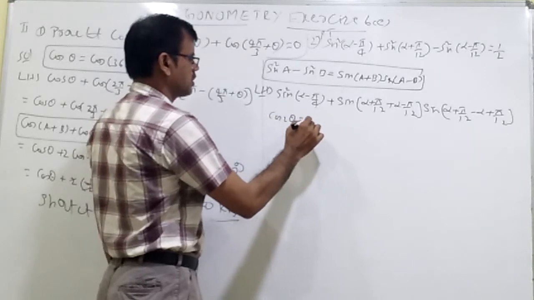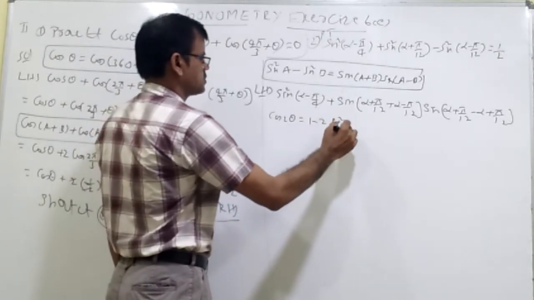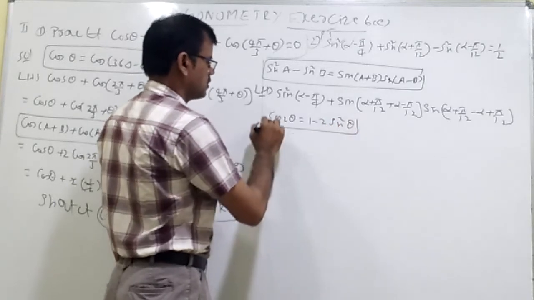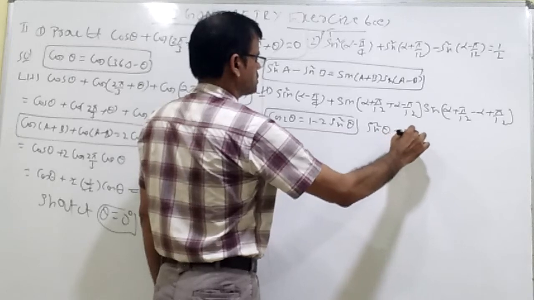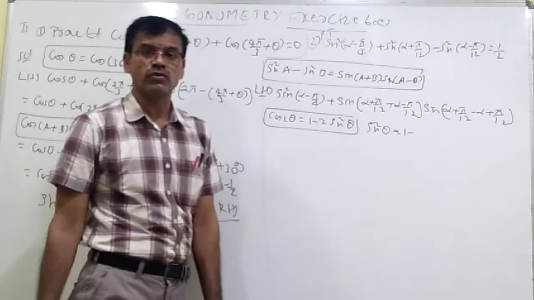Now let us remember the formula: cos 2 theta is equal to 1 minus 2 sin square theta. Using this formula, sin square theta is equal to 1 minus cos 2 theta whole by 2.